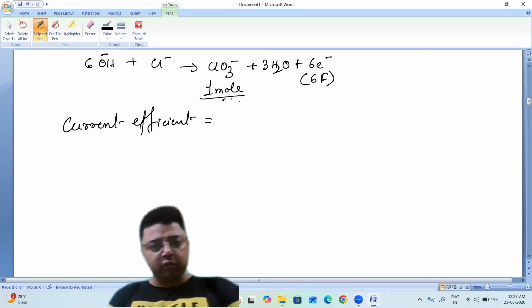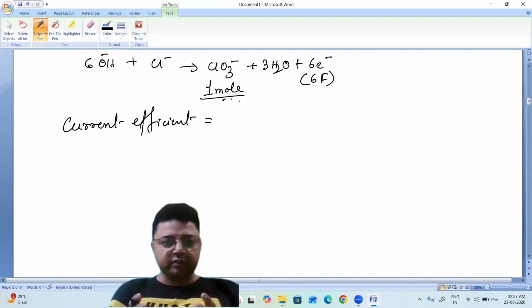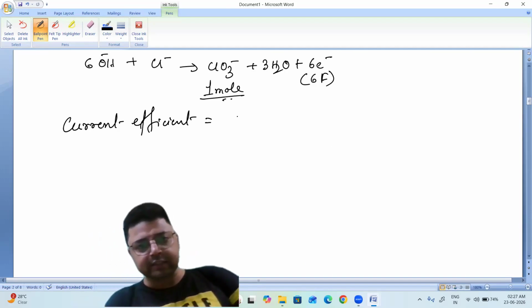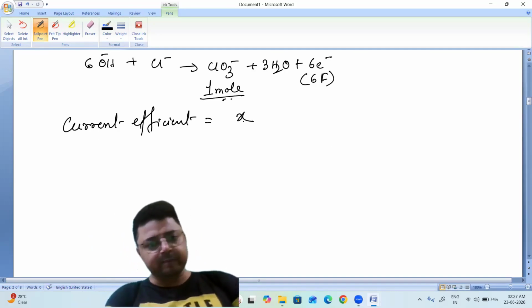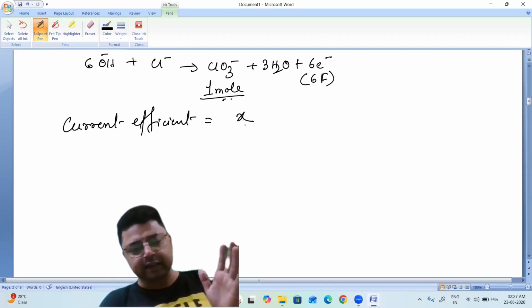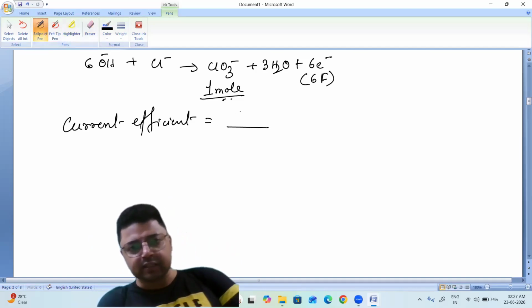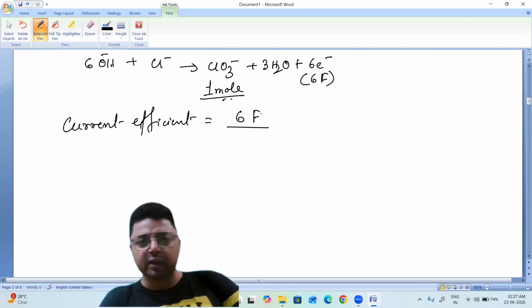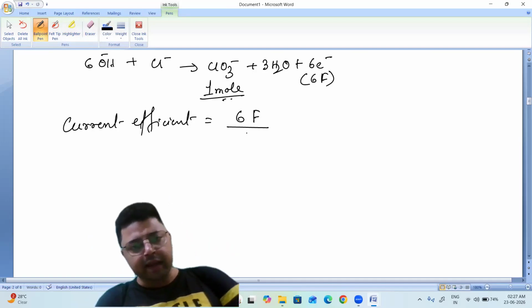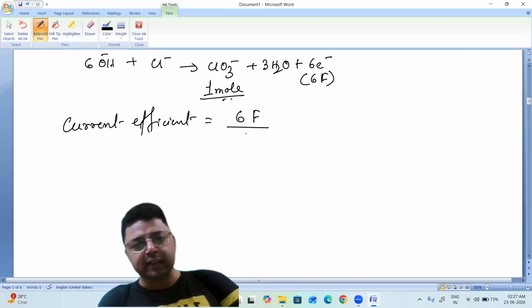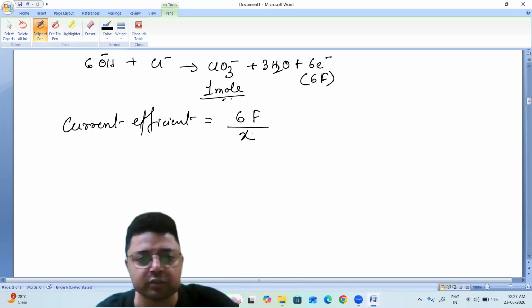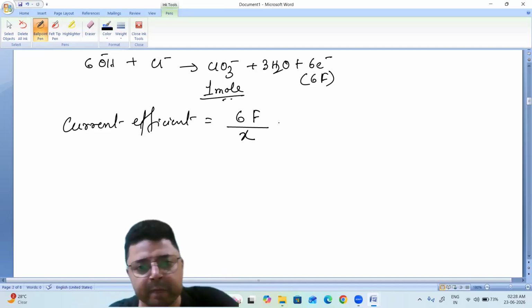The actual current required, which we do not know, let us take that as X. Sorry, the actual current required is 6 Faradays, meaning 6 into 96500 coulombs, and they haven't given you the total amount of current supplied, so you will just write X, times 100.